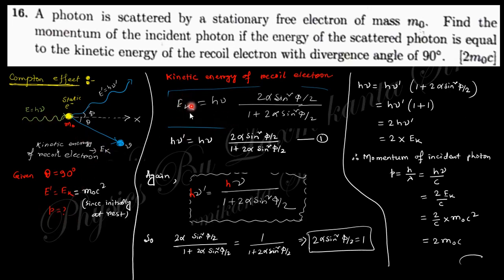So h nu prime equals Ek, that is the energy of the recoil electron, and this is nothing but equal to h nu prime, as the question says.